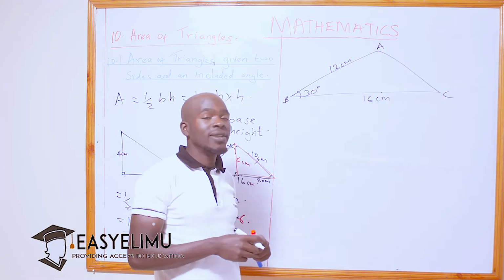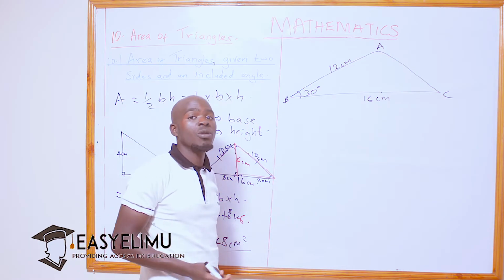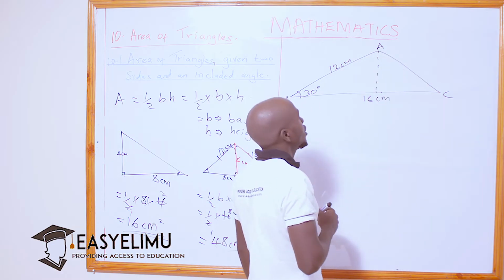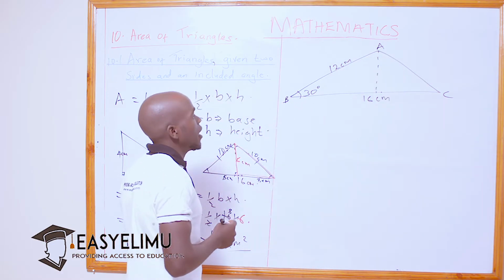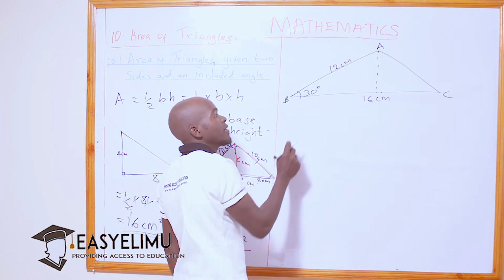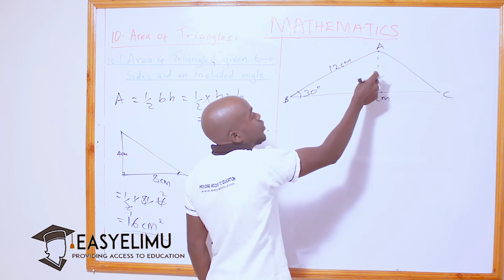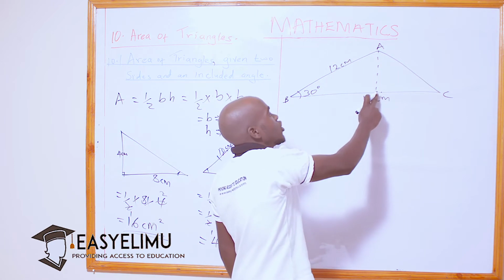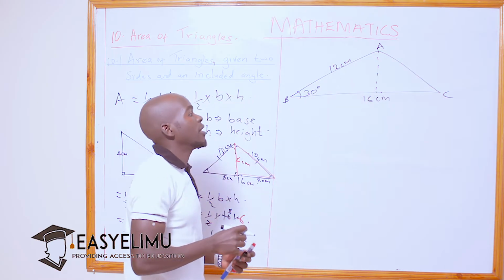One way you can still find it is using the Pythagoras theorem, which we used earlier, by cutting this point here, and with that you can use trigonometrical ratios with 30 degrees and 12 centimeters. This line here is much longer, so we cannot use it to find the other way.